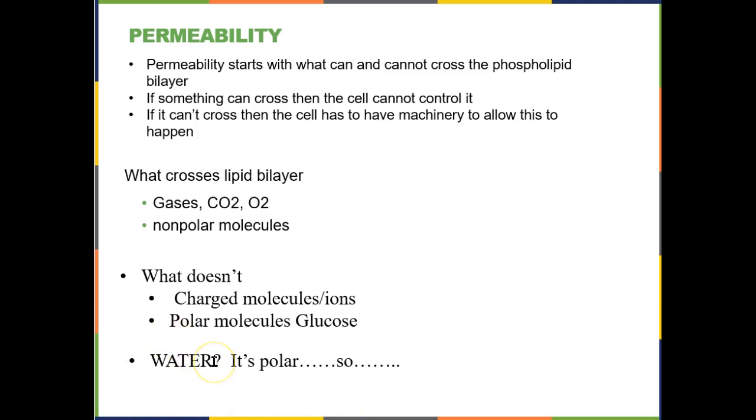Water happens to be polar, so should it pass through the membrane? If you're thinking, no, I don't blame you, but water can. This is a weird thing about the phospholipid bilayer.